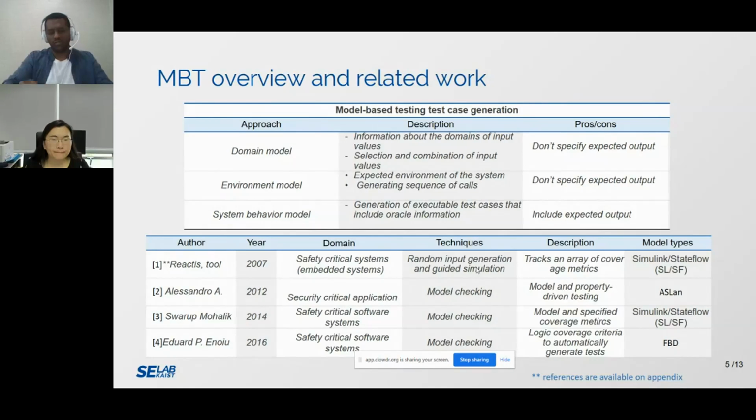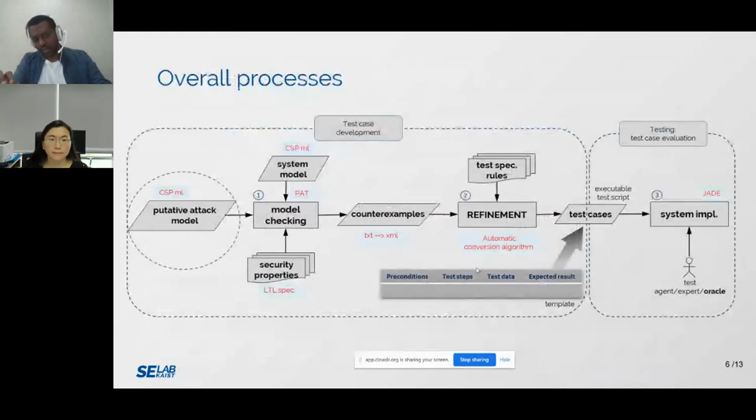This only shows a very few research works, but we have investigated a lot more in our paper. You can also visit our papers to see more details about how model checking is used for safety critical systems.